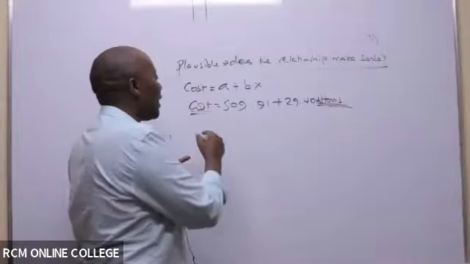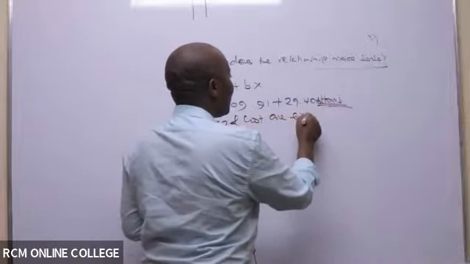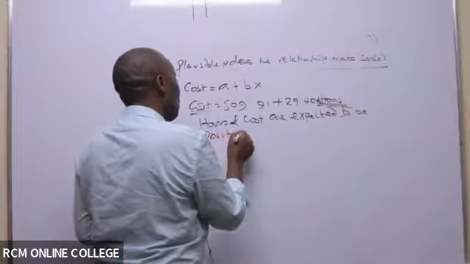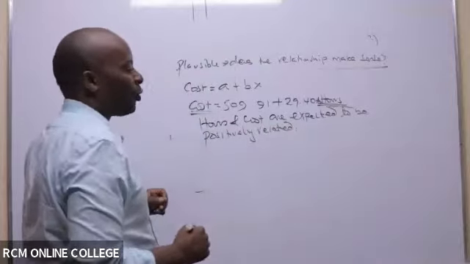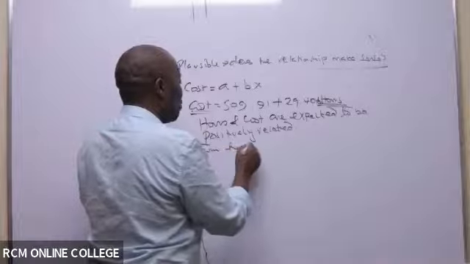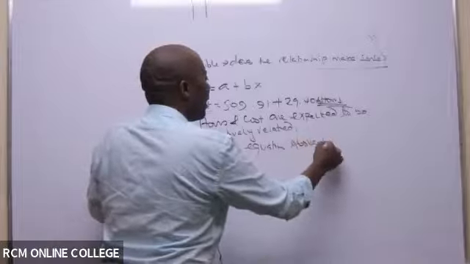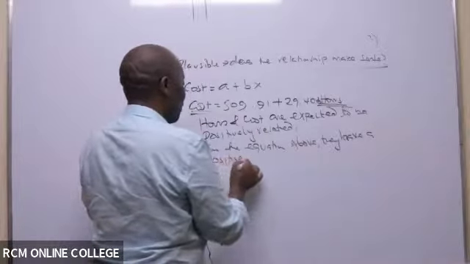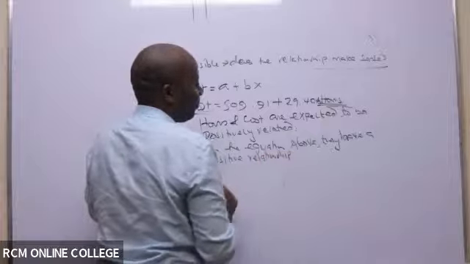So first of all, we are saying that hours and costs are expected to be positively related. From the equation above, they have a positive relationship.